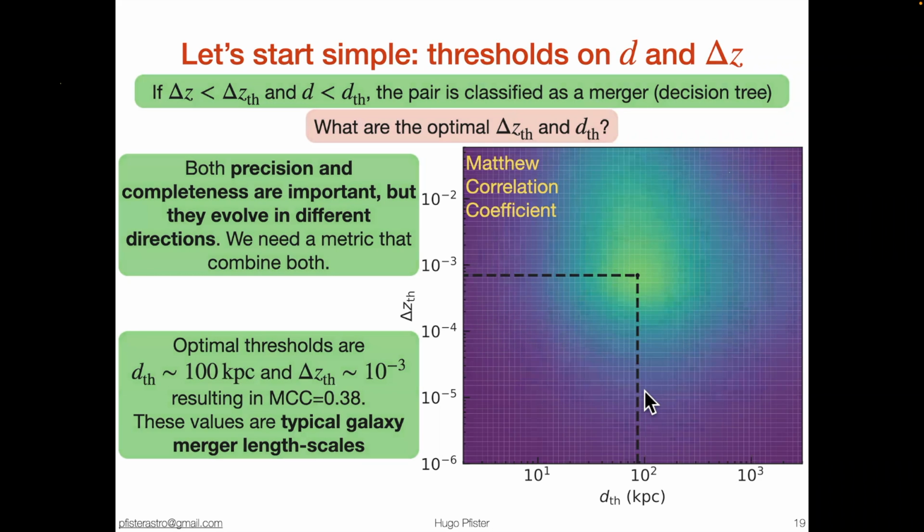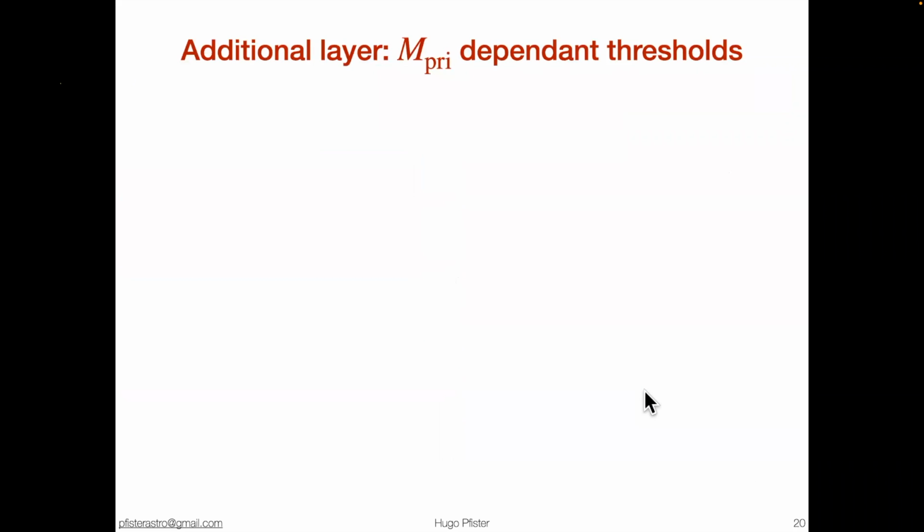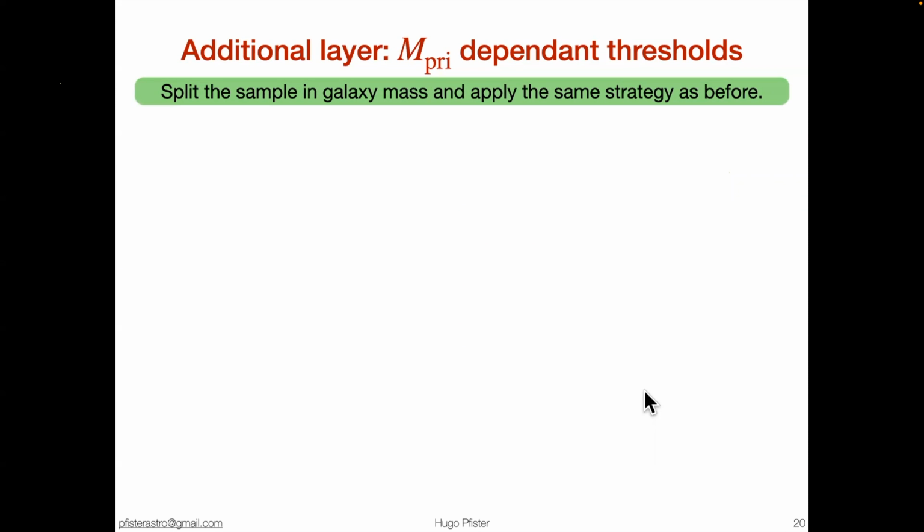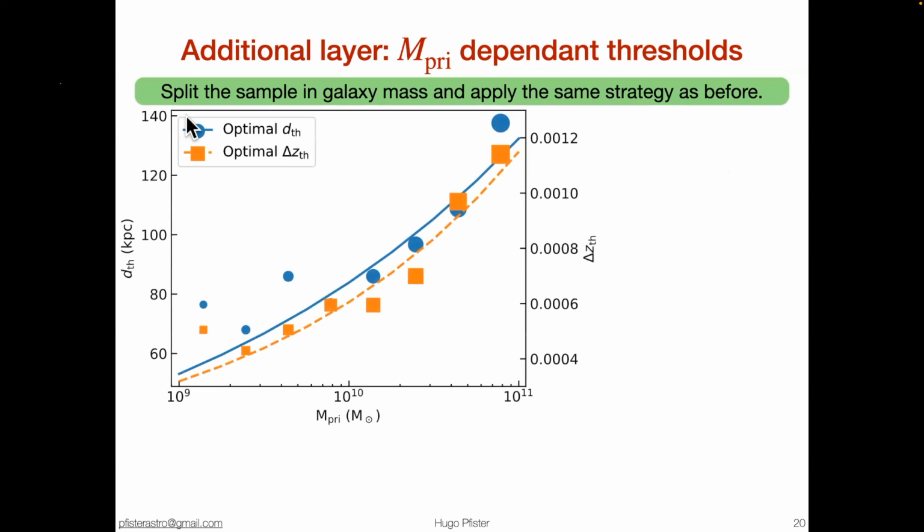Now, I told you that maybe the thresholds may depend on some parameters. Because we have access to the masses of galaxies, we can look at the mass of the primary, so we split the sample in masses, and we do the exact same strategy as before. Here I'm showing, in blue, the blue dots on the left axis are the optimal threshold for the distance as a function of the galaxy mass.